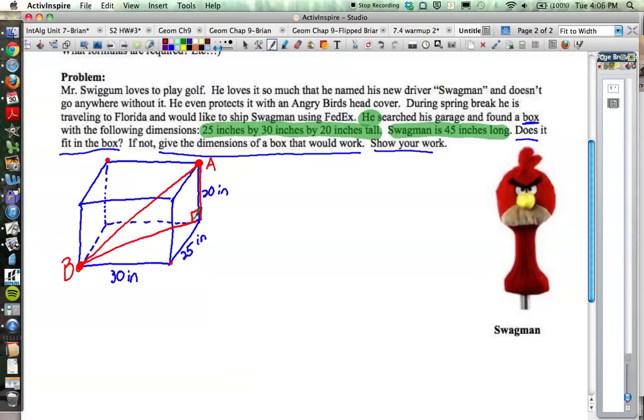What I really want is this dimension here, I'll call it X, but with that triangle, I only know the 20-inch part of it. I don't know this bottom distance, and I certainly don't know X, because that's what I'm trying to find. So I have issues there because I only know one of the side lengths.